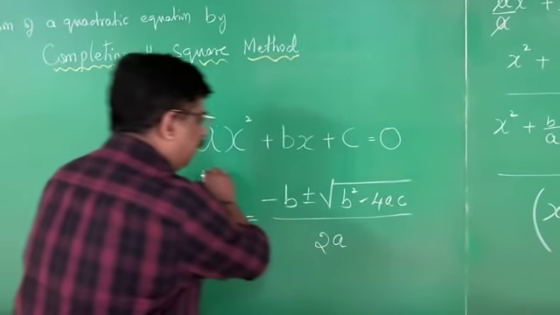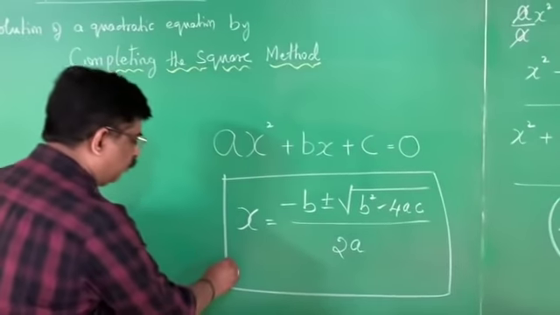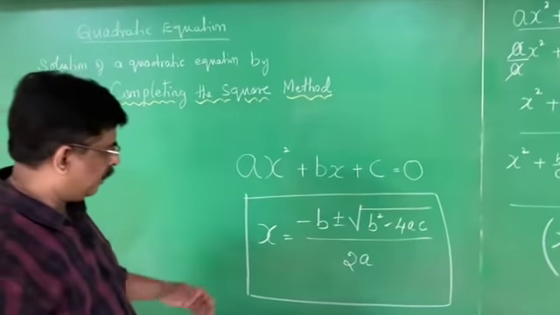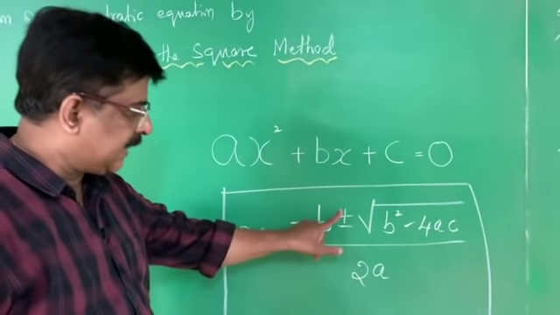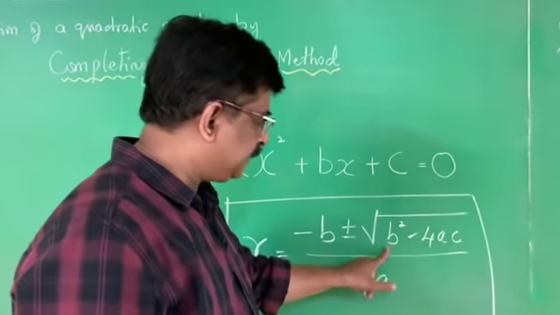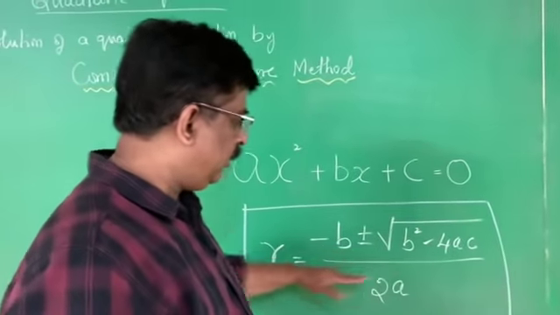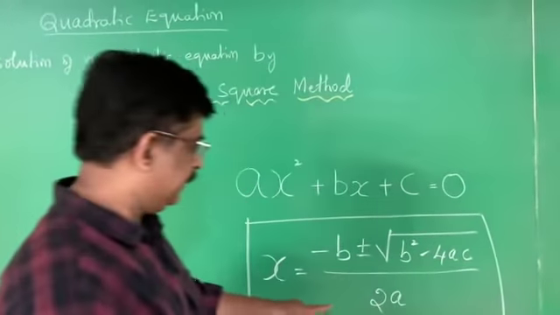This is the formula to find the roots of the quadratic equation. The formula is x is equal to minus b plus or minus square root of b square minus 4ac whole divided by 2a. You have to understand this.